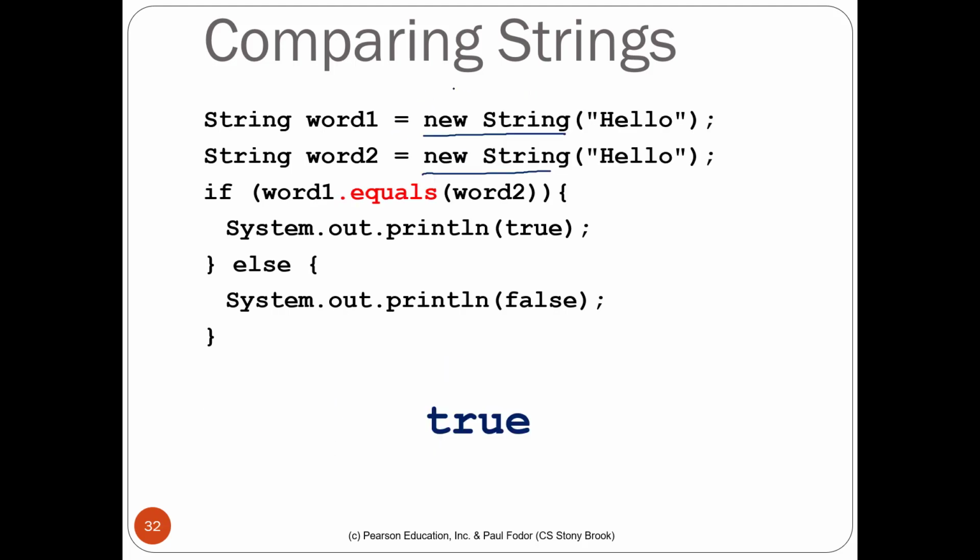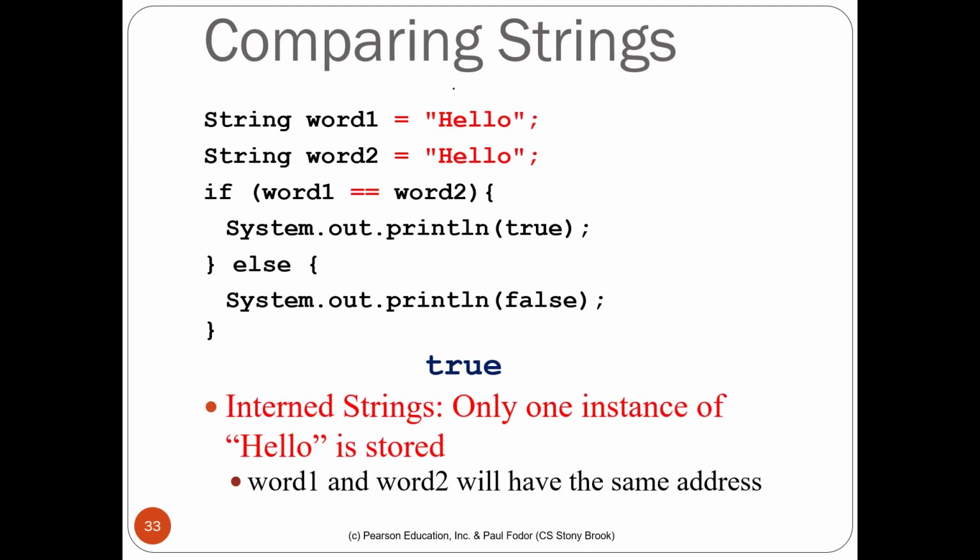This way, we don't have any new. Here we are using new. Here we are not using new, we are simply assigning the string to word1 and word2. Now if you do something like that, then Java has its own way of dealing with the creation of a string by simple initialization like this.